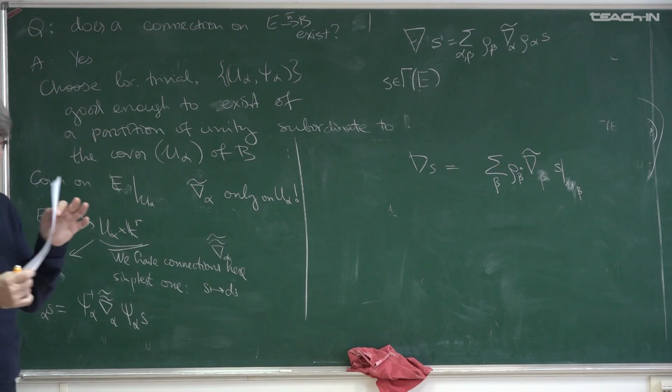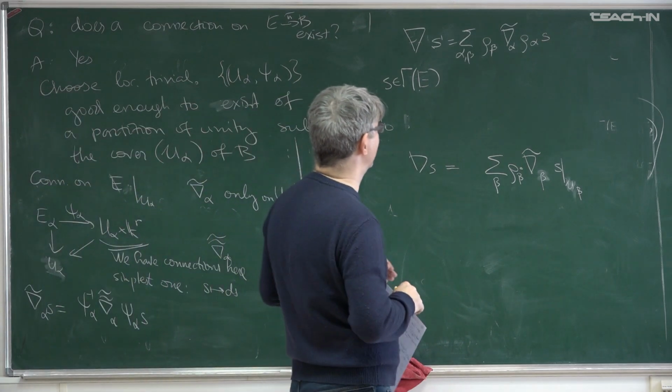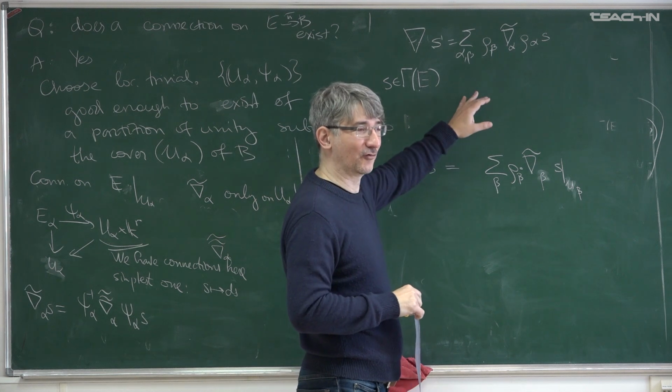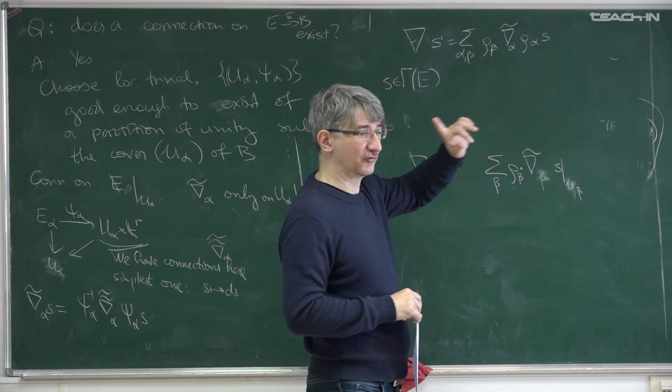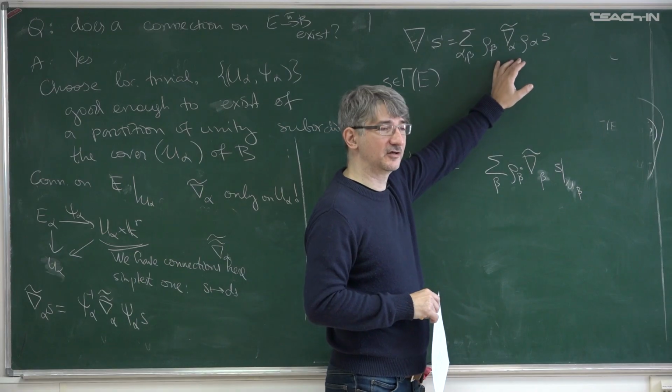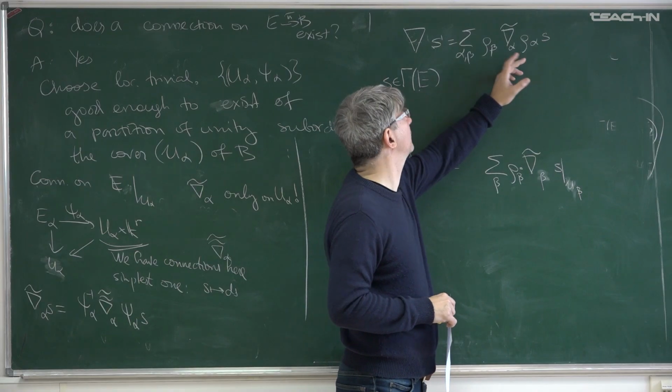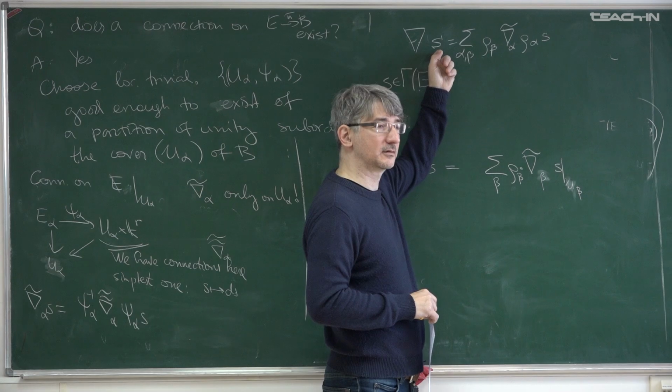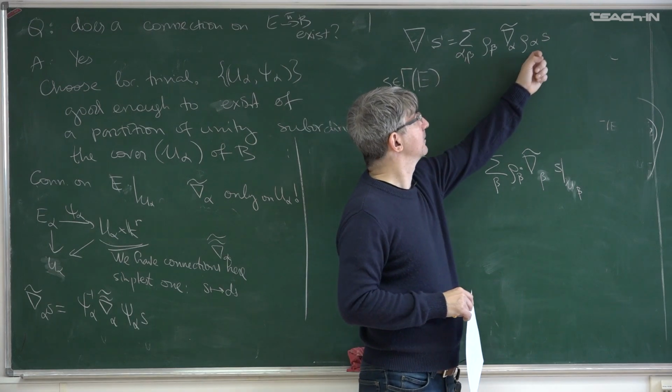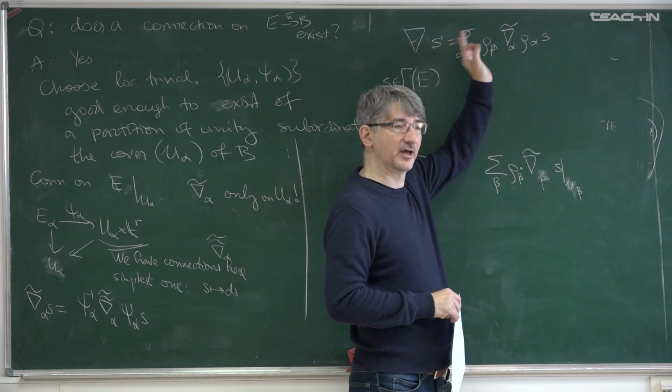I checked it here. So let us start from my formula. I believe that's okay. First question: is it true that this thing is k-linear? If I multiply this section by a number, it goes out, so it's k-linear, no problem.